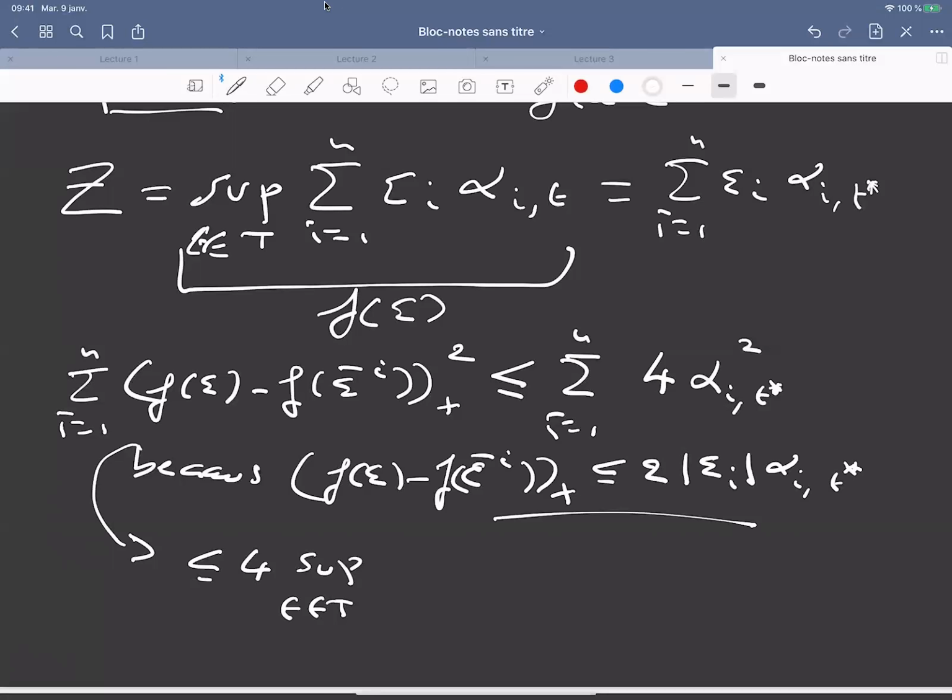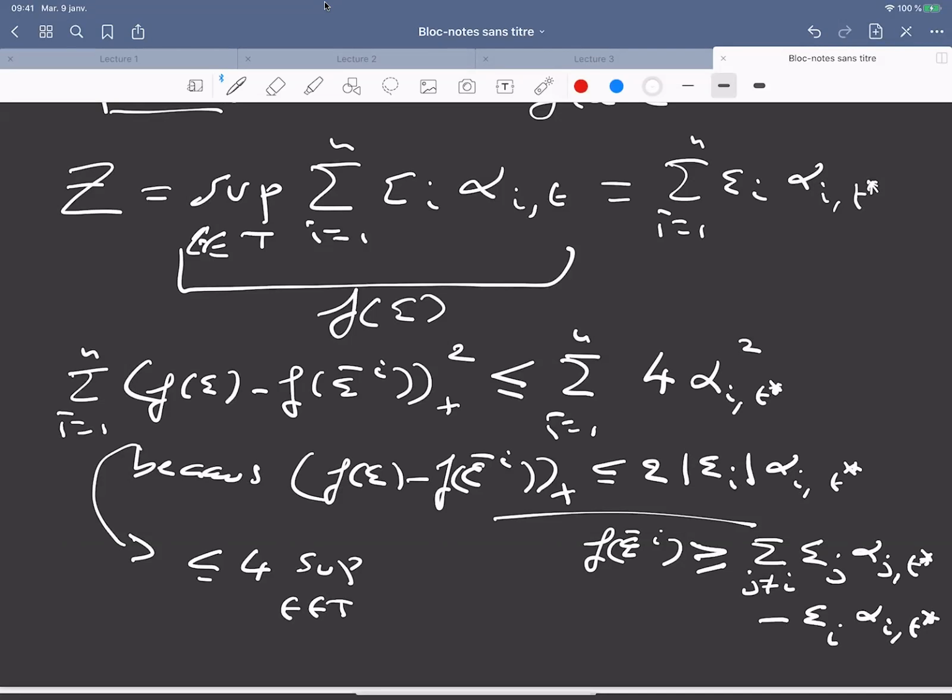The way we do that is just by using the fact that f at point epsilon^i here is defined as a sup, and so it is always larger than the sum for j different from i of epsilon_j alpha_{j,t*} minus epsilon_i alpha_{i,t*}.